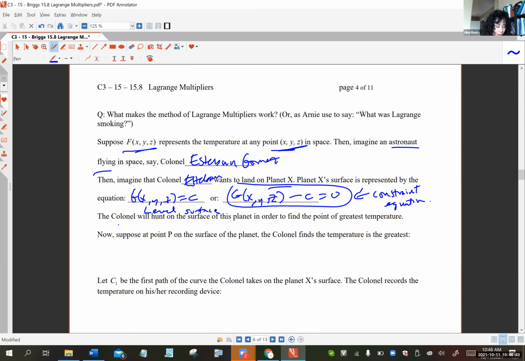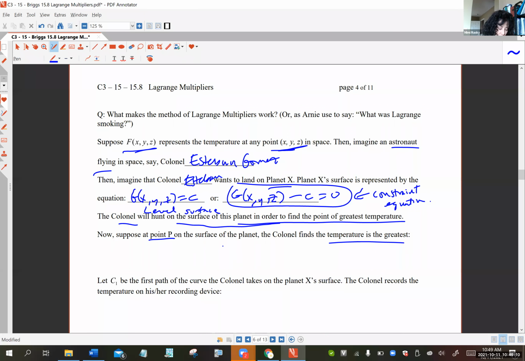So let's say Colonel Esteban is hunting on the surface. He wants to find the point of greatest temperature on the planet. What's the hottest point on this whole planet? So as he's in his little Mars rover, cruising along the surface of the planet, he finds a point where the temperature is the greatest.